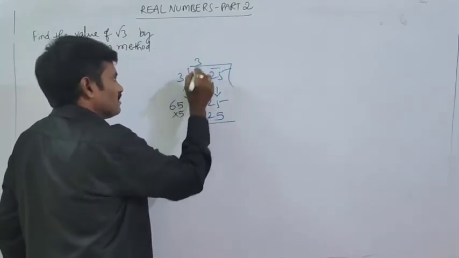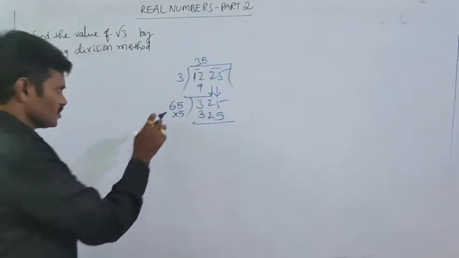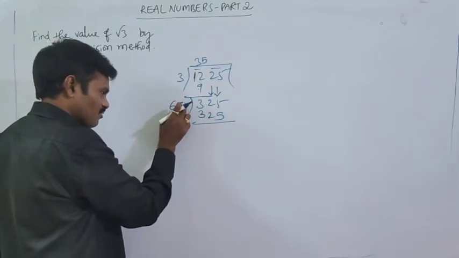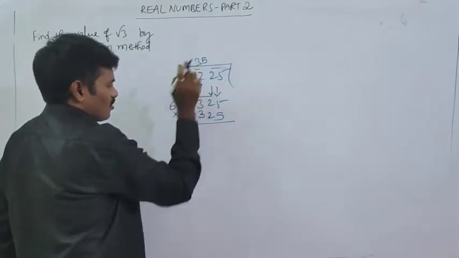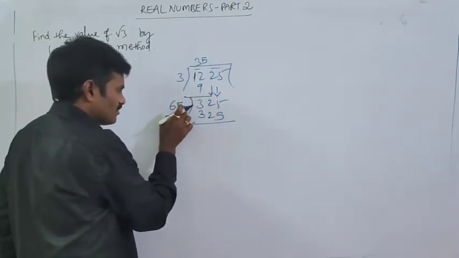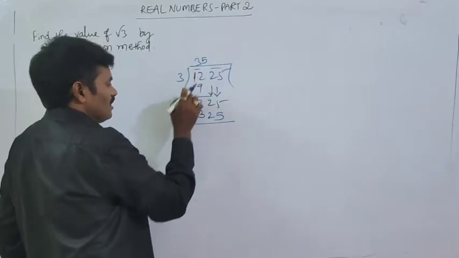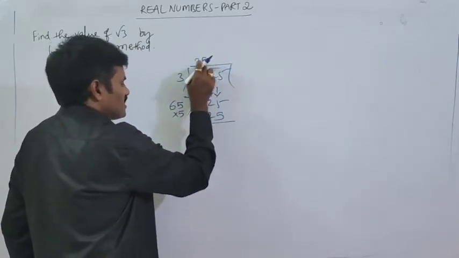If you replace it here with 4, we have to take 4 in the quotient also. Here the suitable digit for the division is 5. So it is satisfying, and my next digit of the quotient is 5 itself.